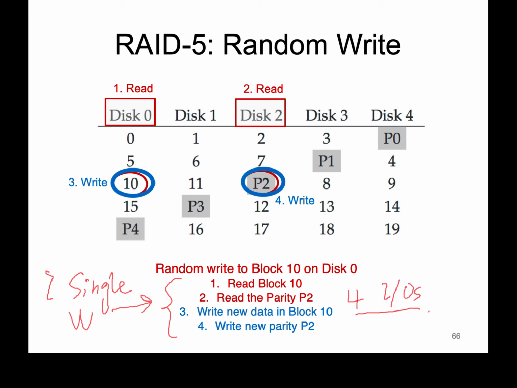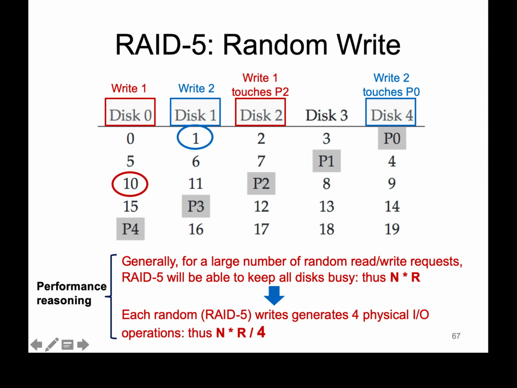Let's assume at the same time some other random writes are hitting other data spread across a different set of disks. In this example, besides the random write hitting logical block 10, there's another random write hitting this logical block 1.